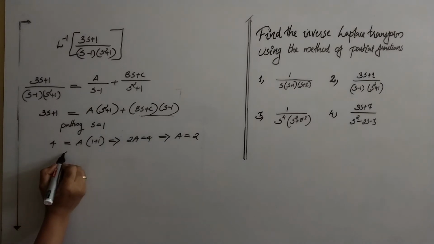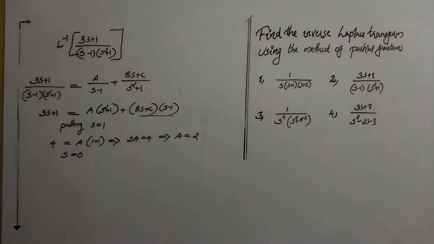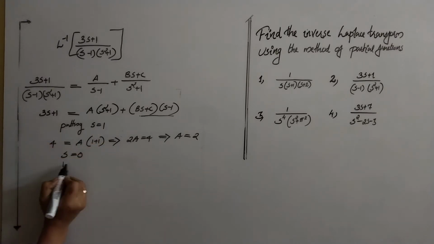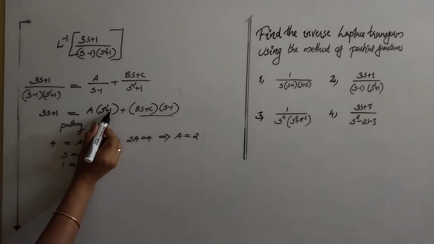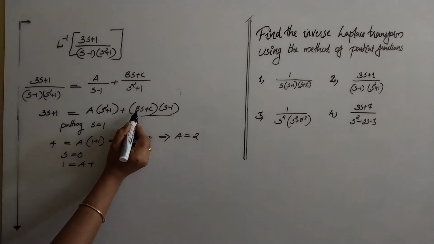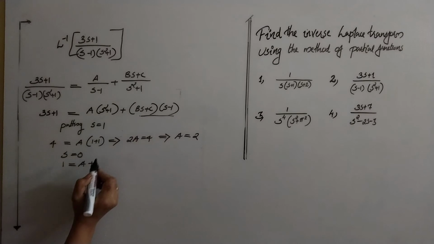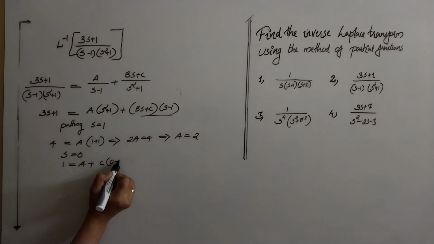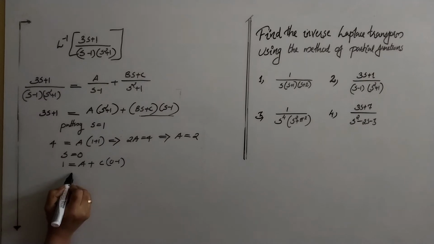Now, if s is equal to 0, what we get? 1 is equal to a plus bs, s is equal to 0, this term becomes 0, c into 0 minus 1, that is a minus c is equal to 1.